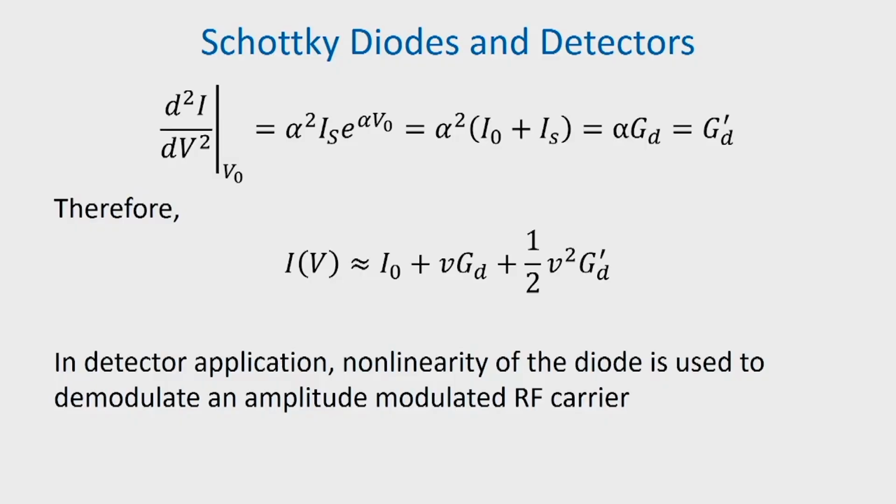Now, as we said, we will use these Schottky diodes for signal detection, because it has very fast response, and in such detector application the nonlinearity of the diode is used to demodulate an amplitude modulated RF carrier.